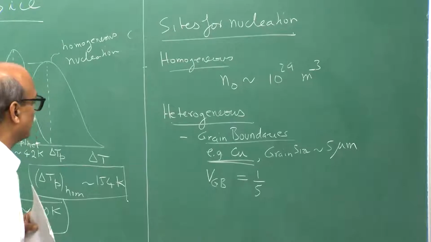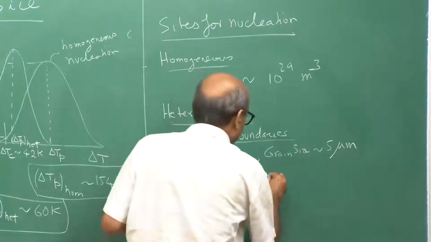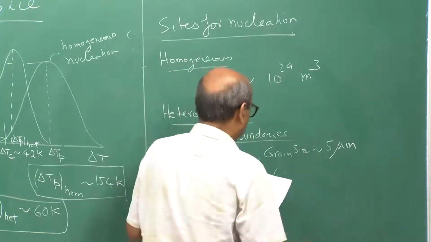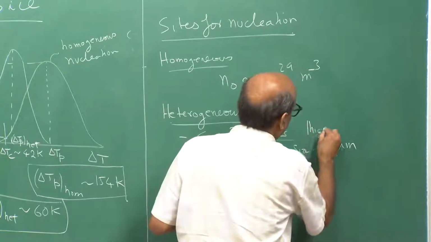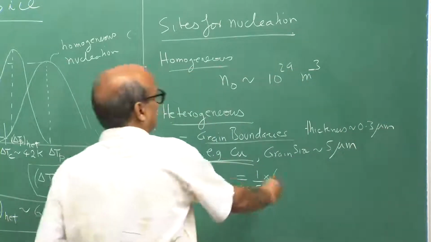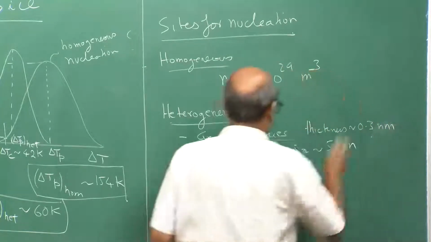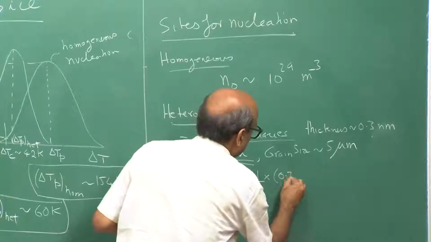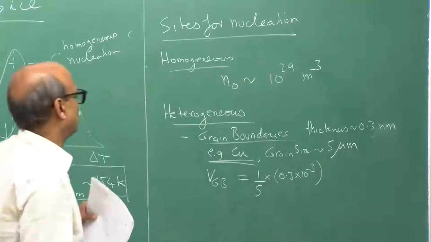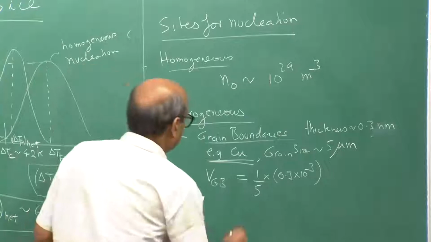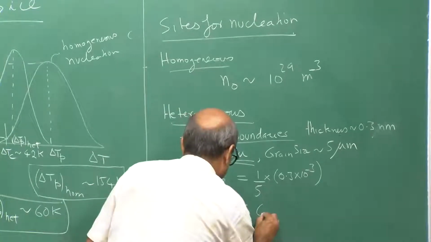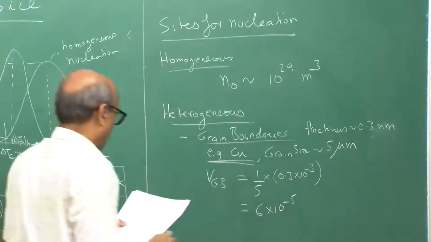So, in this case 5 microns, so it is 1 upon 5 multiplied by what is the thickness of the boundary, which if we assume the thickness of the boundary to be of the order of 0.3 nanometers, then we multiply this by 0.3 and convert this into microns by multiplying it by 10 to power minus 3, and this gives me basically the volume fraction of grain boundaries present as 6 into 10 to power minus 5.